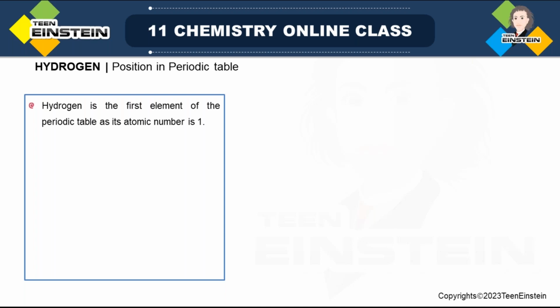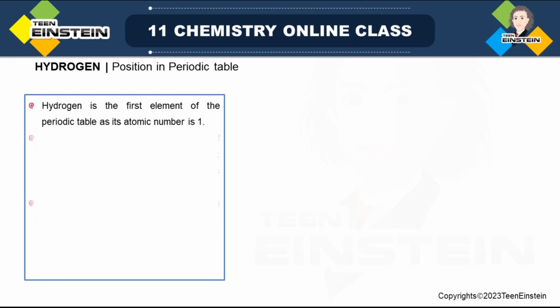But still there is some controversy, and we will see why. In different periodic tables, sometimes hydrogen is written on the left hand side with the alkali metals, sometimes in the middle part. So its position is not fixed. Now why is it so, that we have to see.